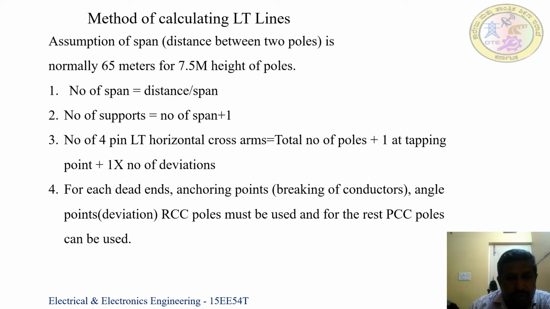Then number of 4-pin LT horizontal cross arms equal to total number of poles plus 1 at tapping point plus 1 into number of deviations. Next, for each dead end, anchoring point, that is breaking of conductors, angle points or deviations, RCC poles must be used, and for the rest, PCC poles can be used.